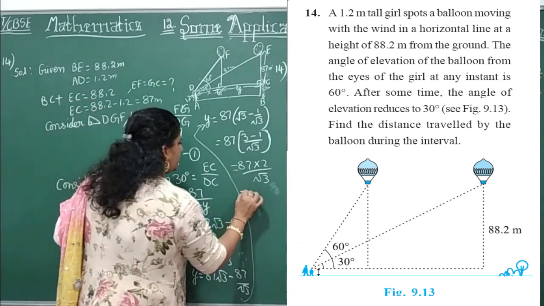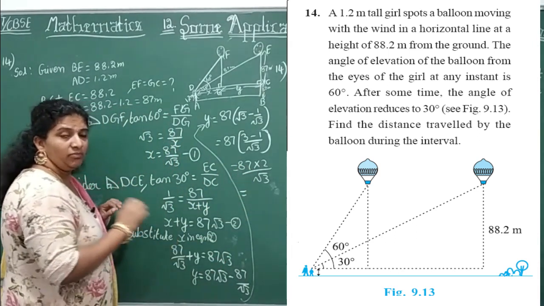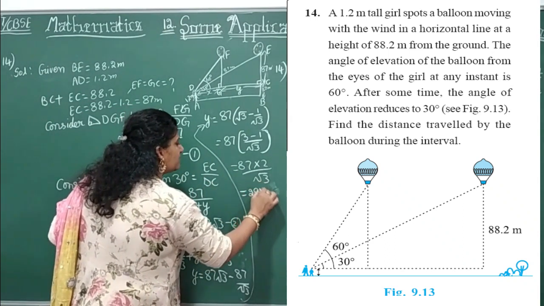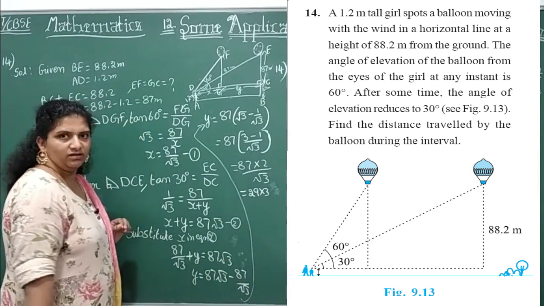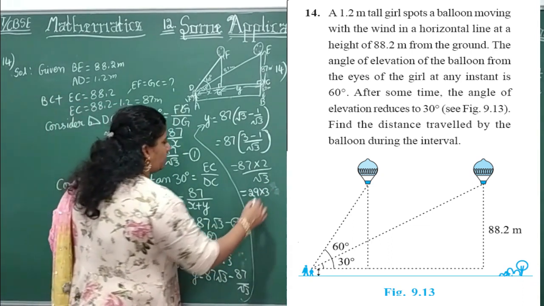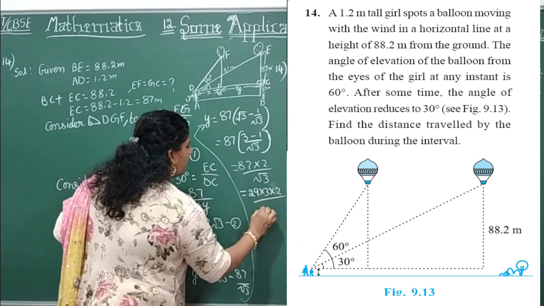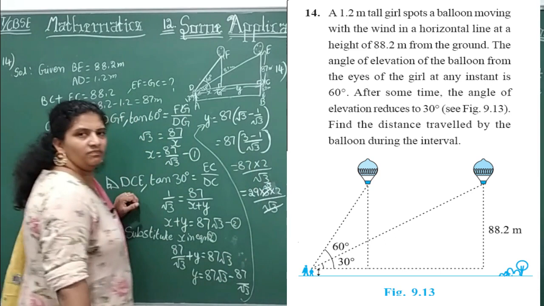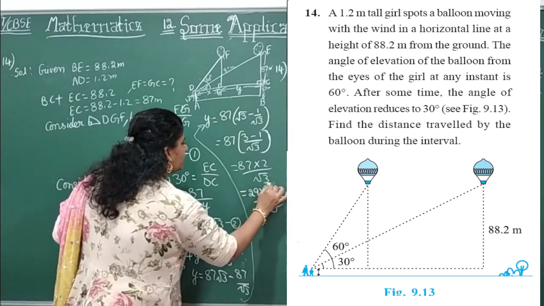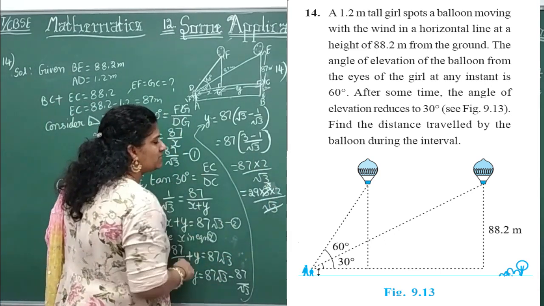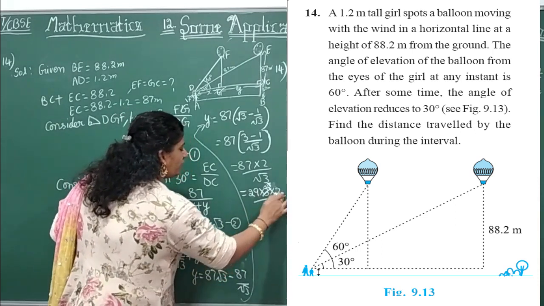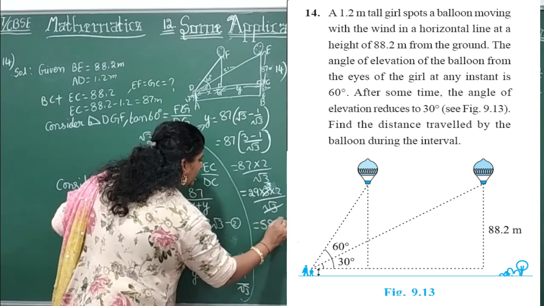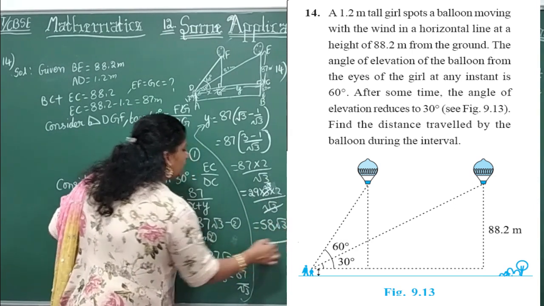So, yes, this is a multiple of 3 of what? 29 3s are 87. Yes or no? So now, into 2 by root 3. Root 3 times 3, how will you cancel here? Root 3 times 3 will be cancelled. Now, finally, 29 2s are 58 root 3 meters.